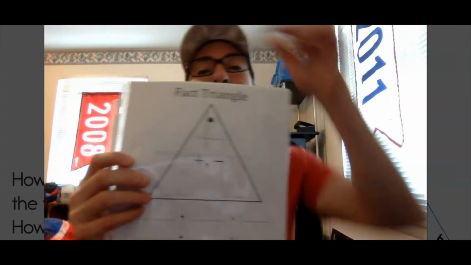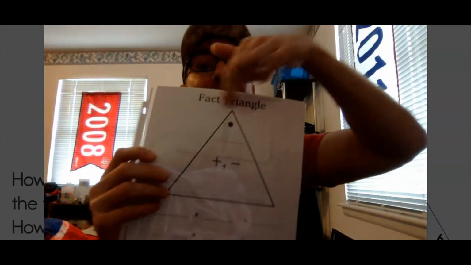Now, the reason I have my Lego family is because today we're going to be taking another look at our fact families that we have with addition and subtraction. Today, you are going to need a brand new math mat. This is called your fact triangle.